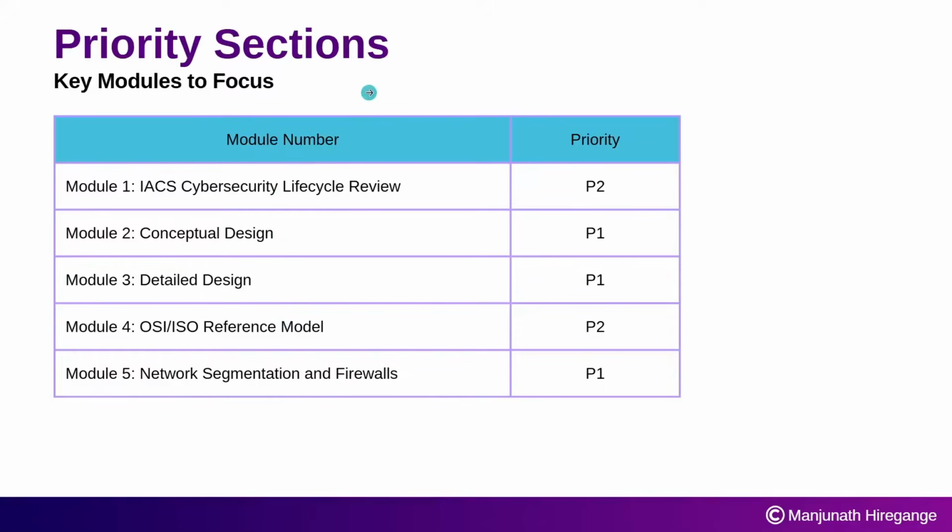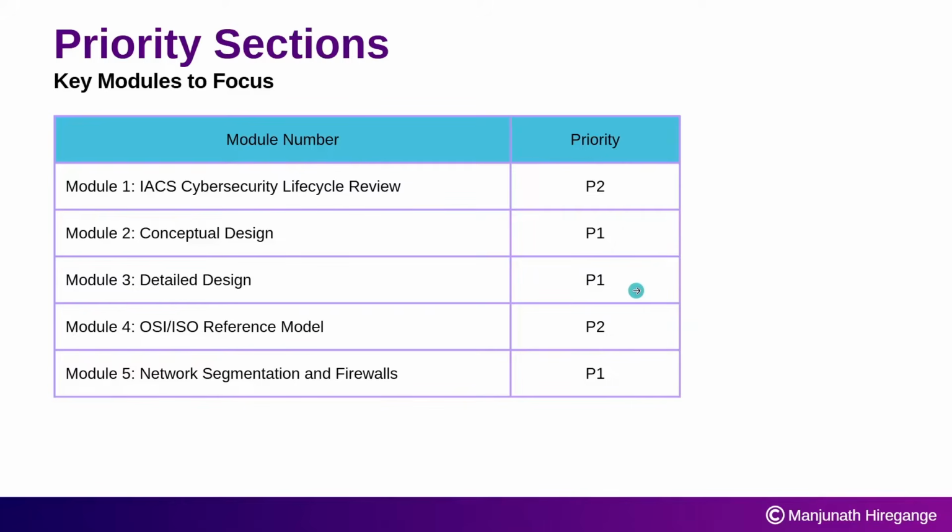Now let's talk about the priority sections for the IC34 exam. I have categorized the modules into different priority levels like P1, P2, P3, and so on, to help you focus on the most important areas first. P1 topics are high priority and should be studied in detail as they are crucial for the exam. P2 topics are moderate priority, meaning they are still important but might not be as heavily weighted in the exam.